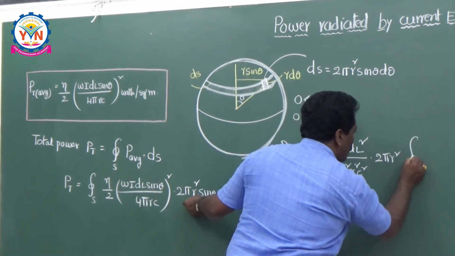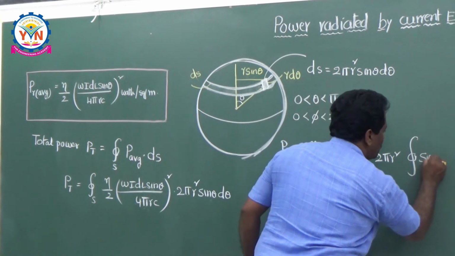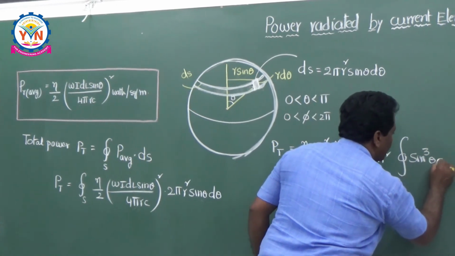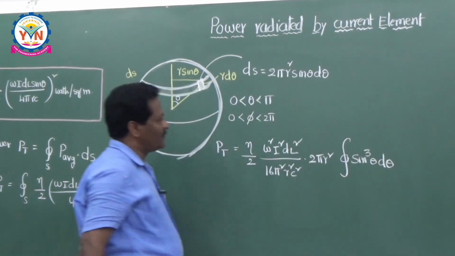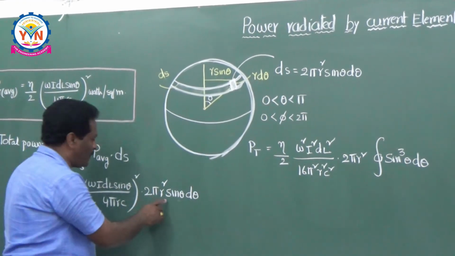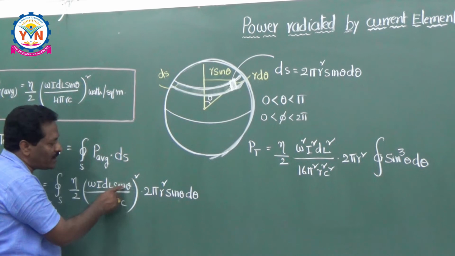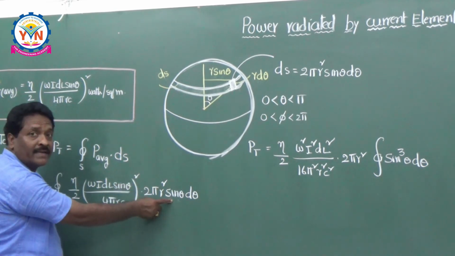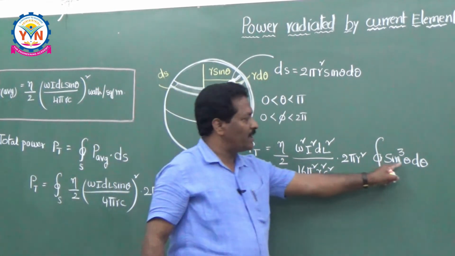Then you have to integrate sin cube theta d theta. This is the expression, you got it. I have simply taken the constant outside of the integration, and sin theta whole square is sin square theta multiplied by sin theta, so it will be sin cube theta.